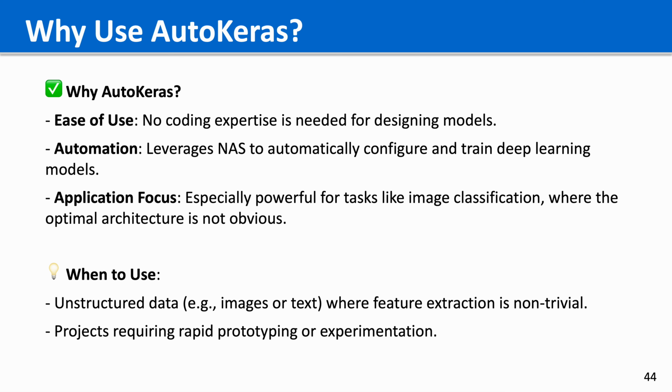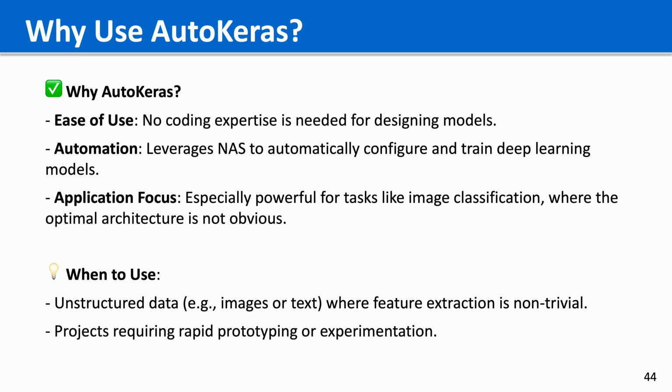So, why should you consider AutoKeras over traditional deep learning frameworks? In a nutshell, it's like having a GPS for navigating deep learning. Instead of manually building and tuning architectures, AutoKeras takes on the heavy lifting, helping non-experts achieve results comparable to those of experienced practitioners.